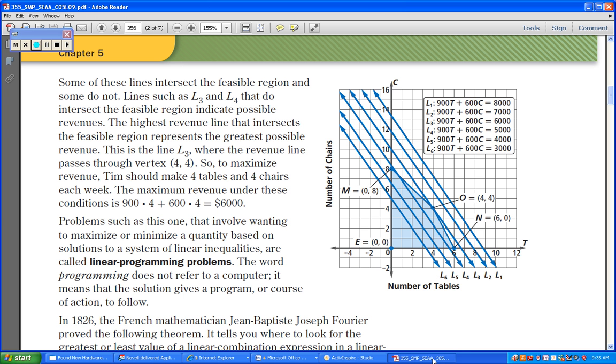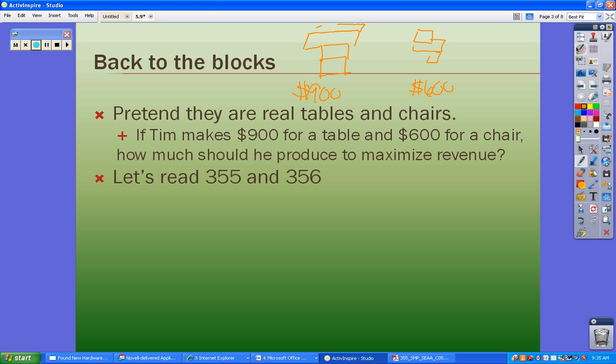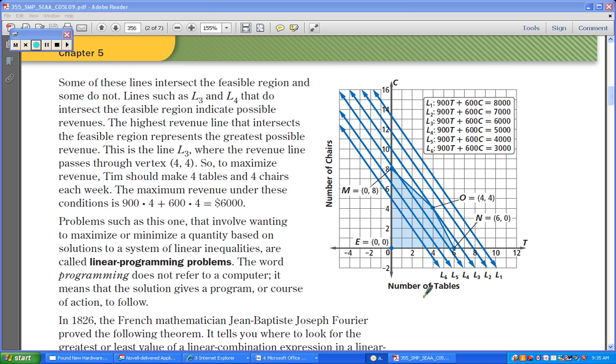Let's talk about how much money we want to make. This is a revenue equation. He makes $900 per table plus $600 per chair, and I'm going to say R for revenue. Can he make $8,000? Okay, I'm asking you that. Well, line 1 here is, let's say he wanted to make $8,000 total.